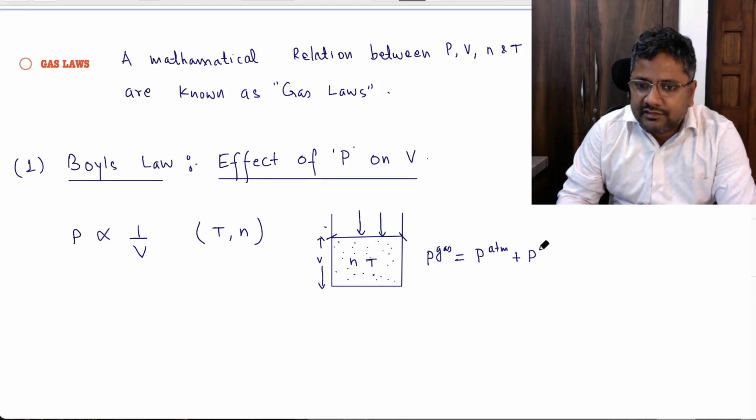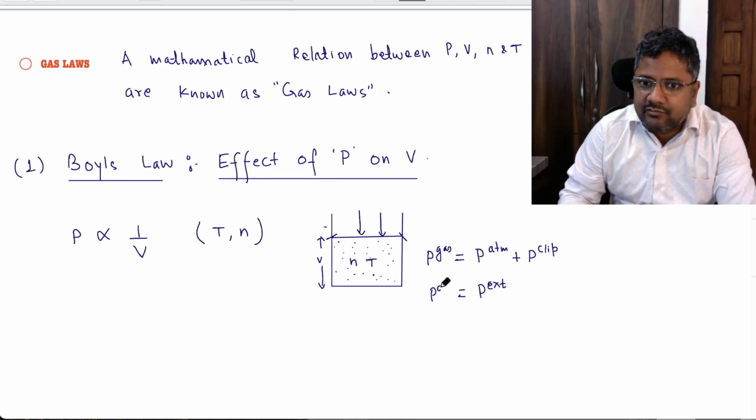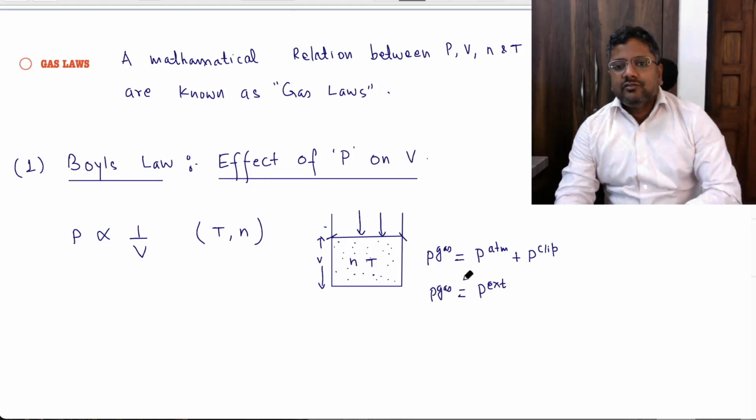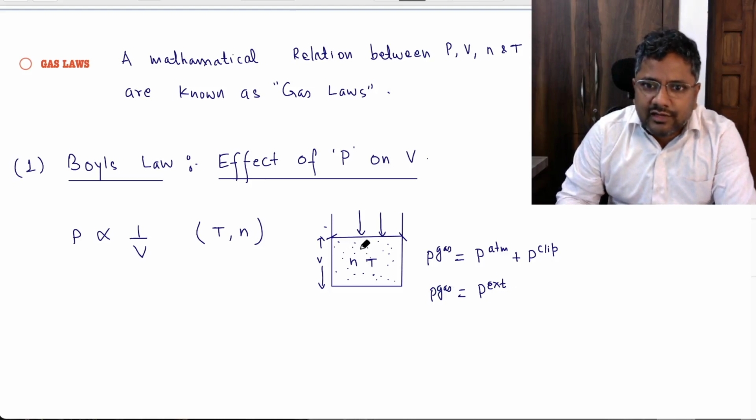So we can say here P clip, or you can say P external, right? P gas is equal to P external, because gas molecules will continuously exert pressure on the piston basically.